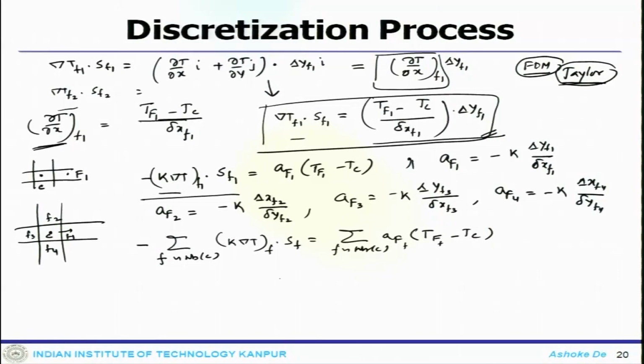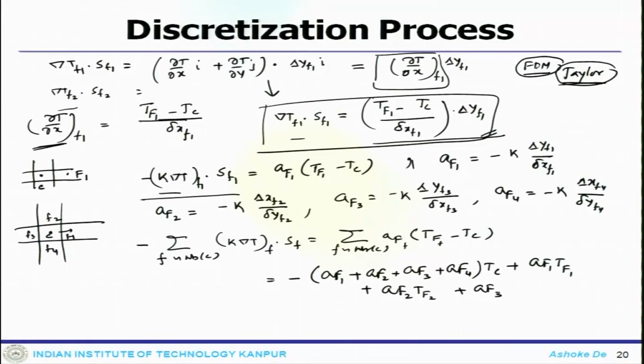So, if you write down them together, they will get a_F1 plus a_F2 plus a_F3 plus a_F4 into T_C, plus a_F1 T_F1 plus a_F2 T_F2 plus a_F3 T_F3 plus a_F4 T_F4.